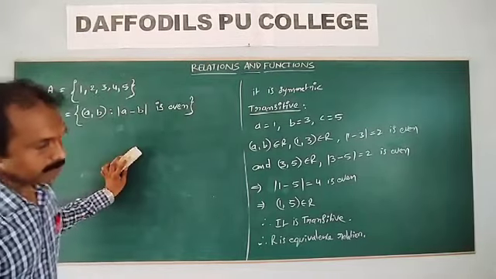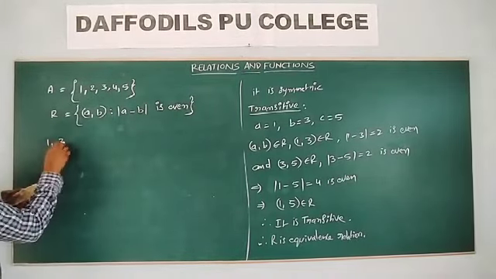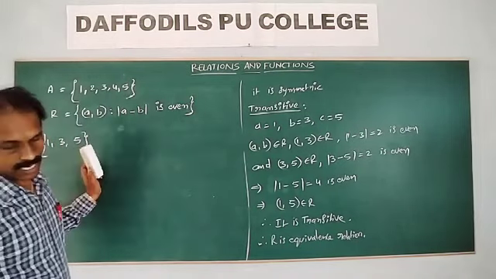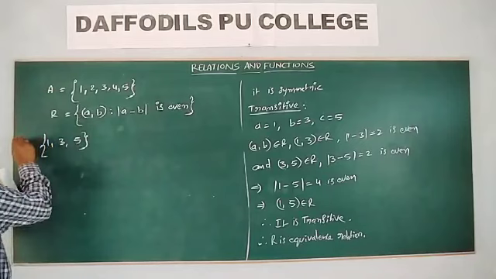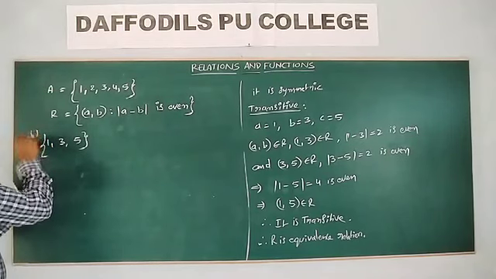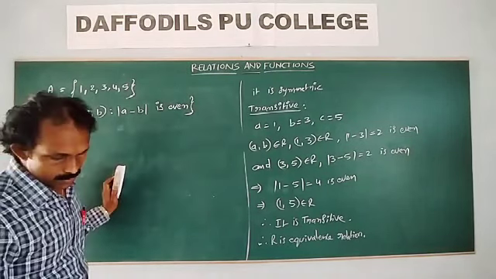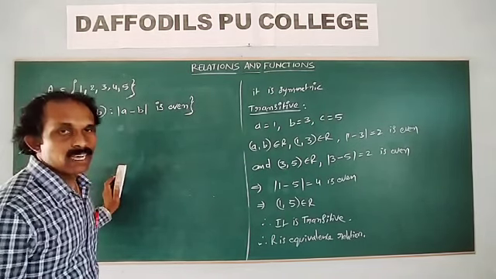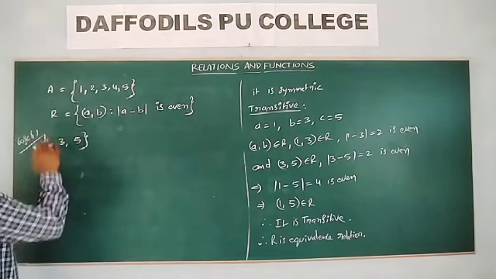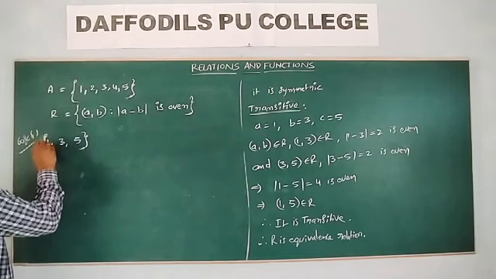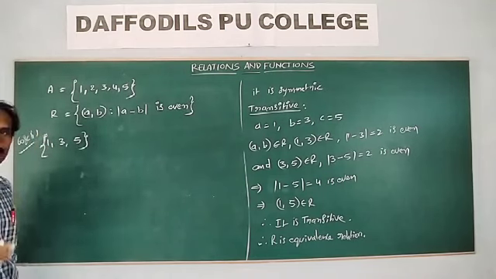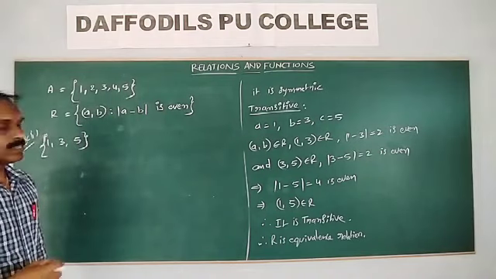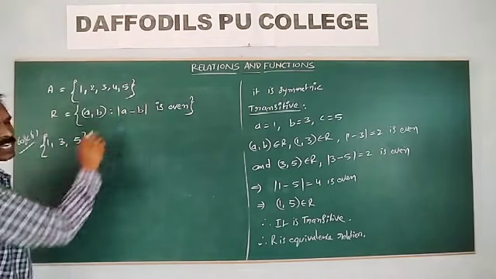Case 1: all the elements 1, 3, 5 are related to each other. All the elements related means some relation, right? These elements all satisfy this relation.